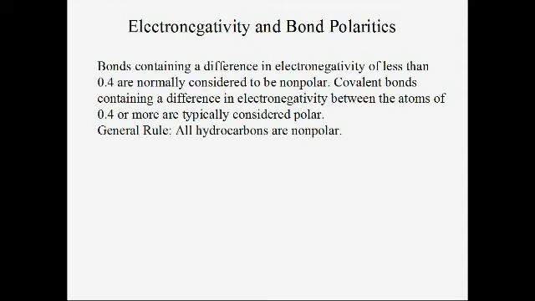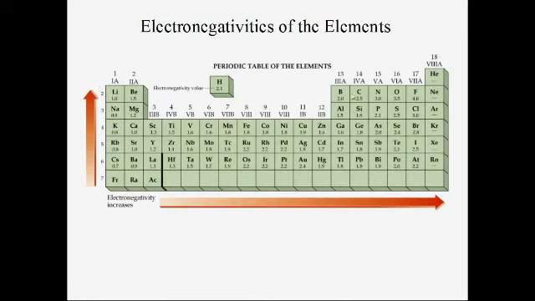The cutoff here is normally a difference of 0.4. Let's go back to the table here. 0.4 is the difference between carbon and hydrogen. So we've got 2.5, 2.1, that's 0.4. All hydrocarbons are nonpolar. So some authors put 0.4 as being polar, some authors put 0.4 difference as being nonpolar.